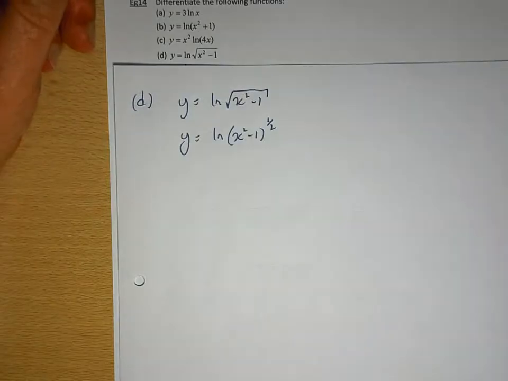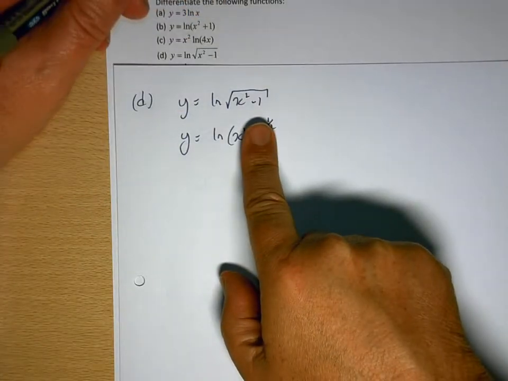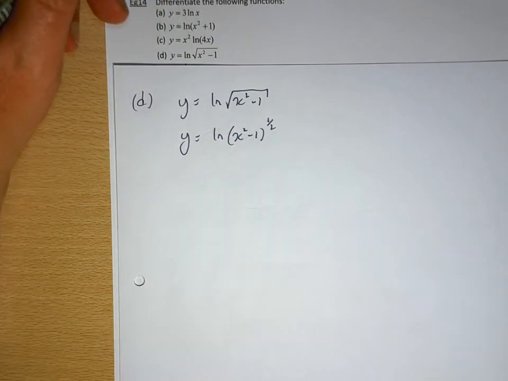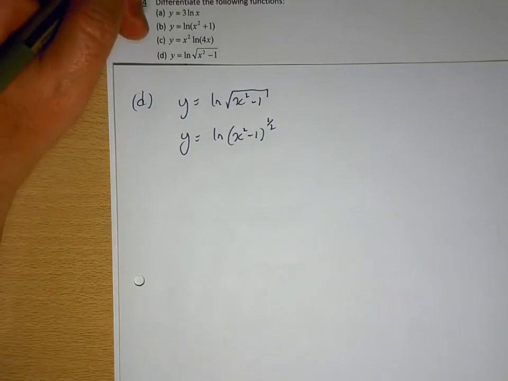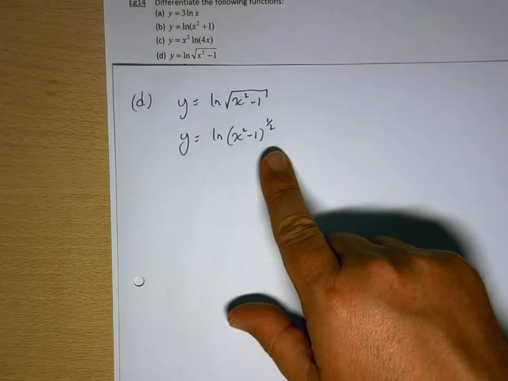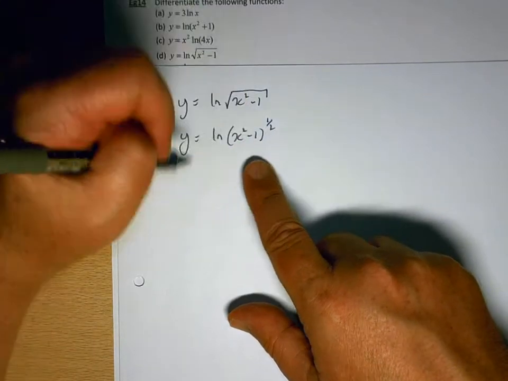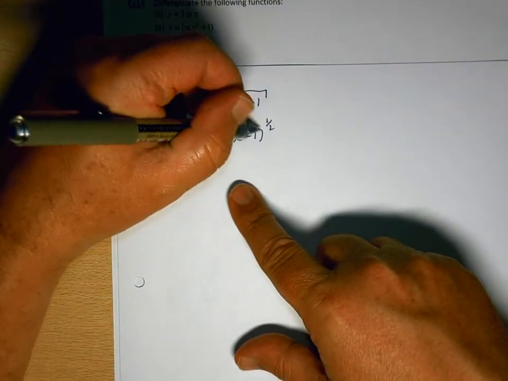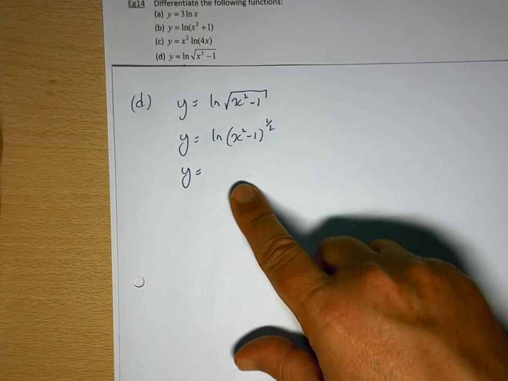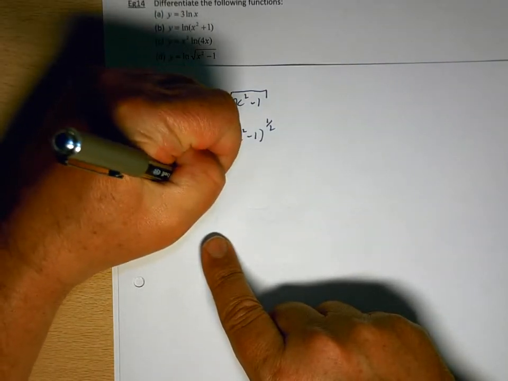Now you might be tempted to think that this is an embedded function of the natural log. And you could go down that path, but it's quite messy, or more work than if you remember from your AS laws of logs that I can now write that the power drops down to become the coefficient part.